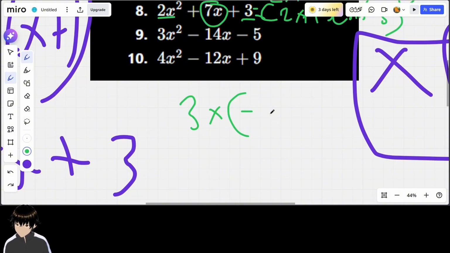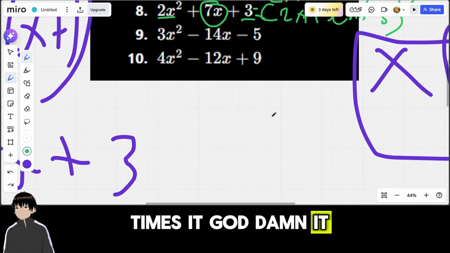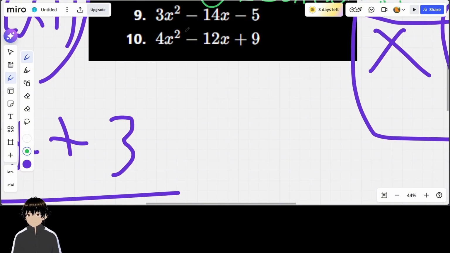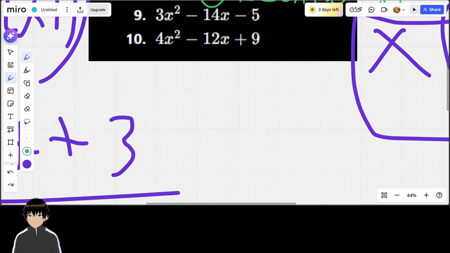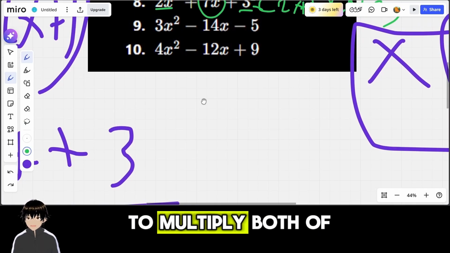Wait, how do you do this again? Oh, you have to multiply it. I forget that. So 3 times 5. Yes, you just have to multiply both of those.